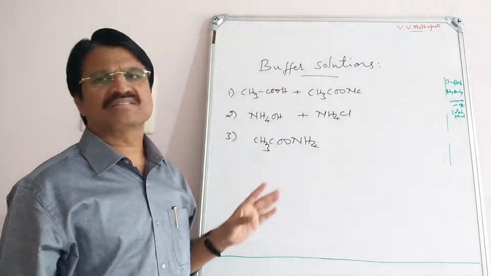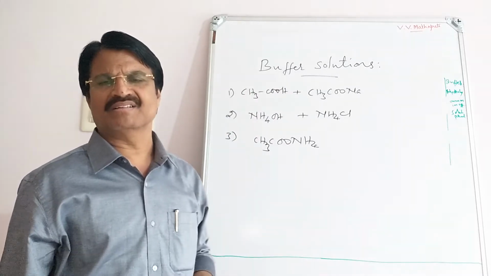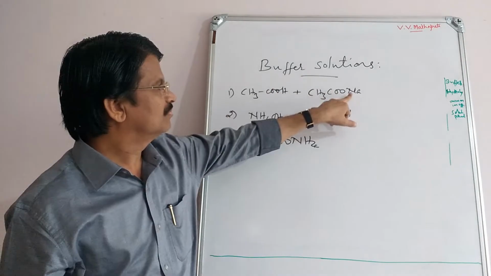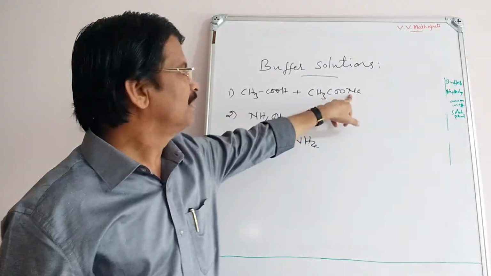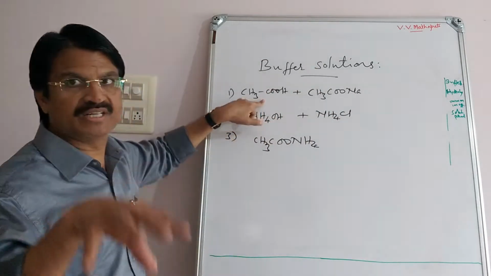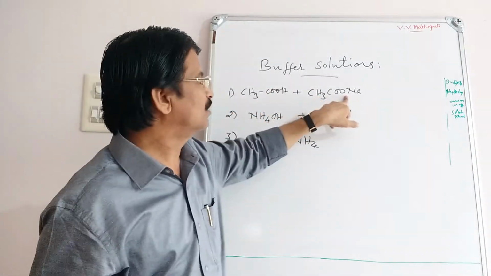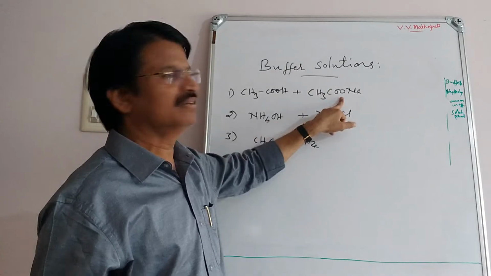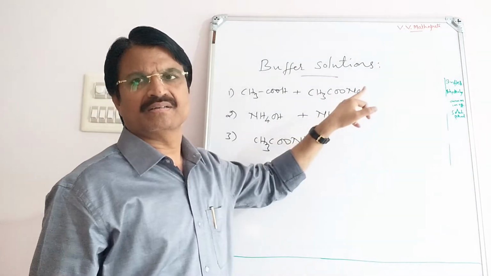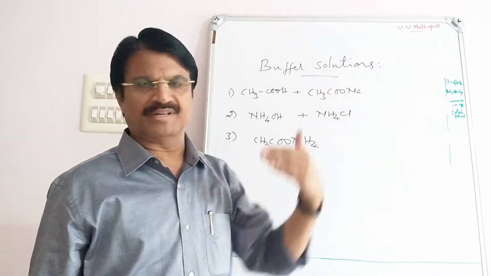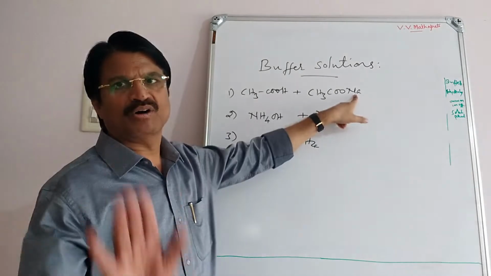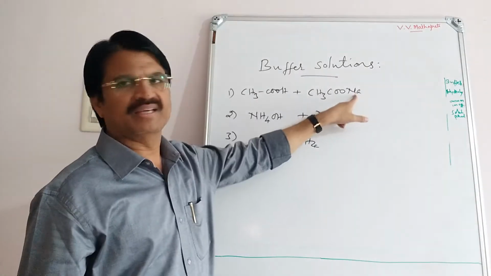Organic acids, even hydrogen cyanide and carbonic acid, we can use here. Then its salt, very carefully you have to remember. The salt should be obtained from the same acid which is taken, by mixing that acid with a strong base, and that strong base must be derived from group 1, NaOH or KOH. Usually we write Na or K.